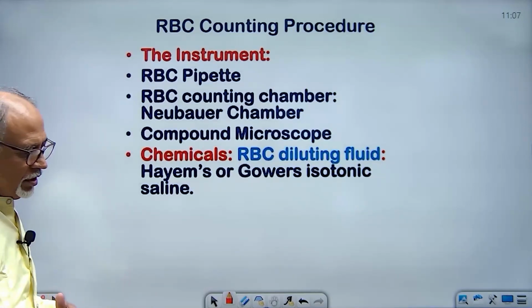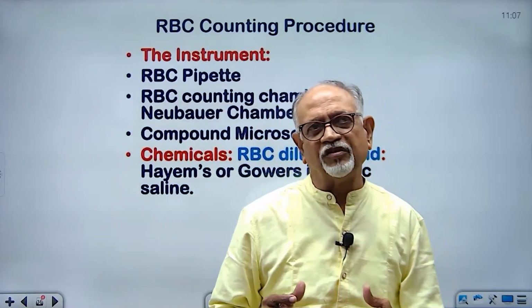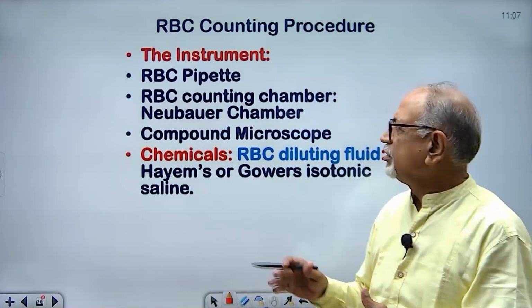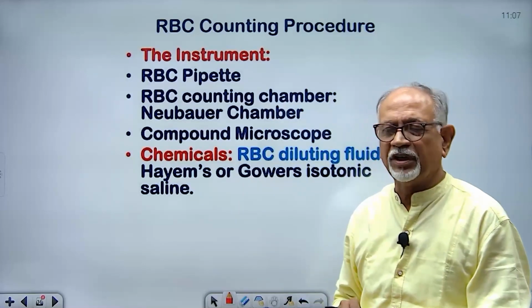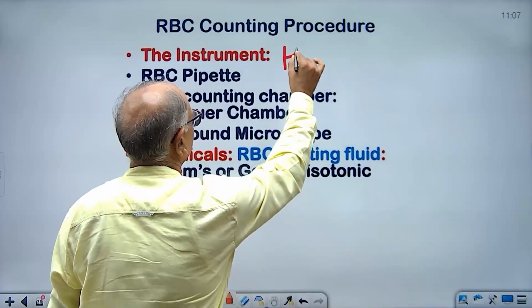Now, a little idea about how the RBCs are counted. The instrument needed for this is called hemocytometer.